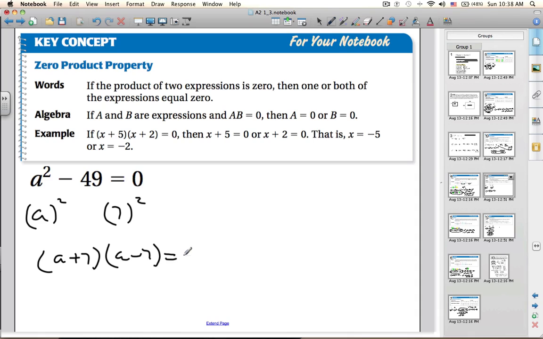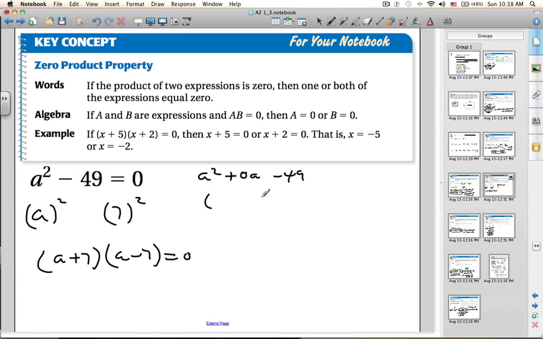If I didn't catch that, I might say, oh, well, I want factors of 49 that have a difference of 0. And that would be 7 and 7, right? I know that if I have this equation, a squared minus 49, I want factors of 49 that have a difference of 0.